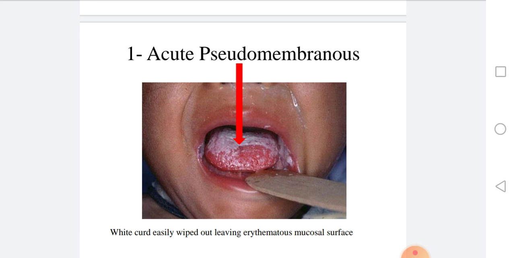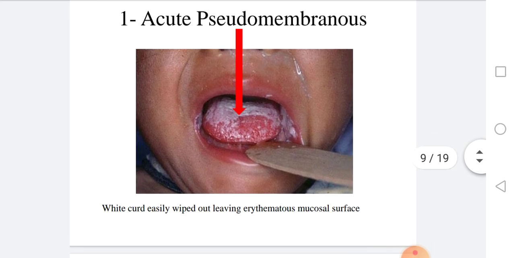The types of oral thrush: number one, acute pseudomembranous. Here you see the white curd. This is easily wiped out, leaving red, that is an erythematous mucosal surface.